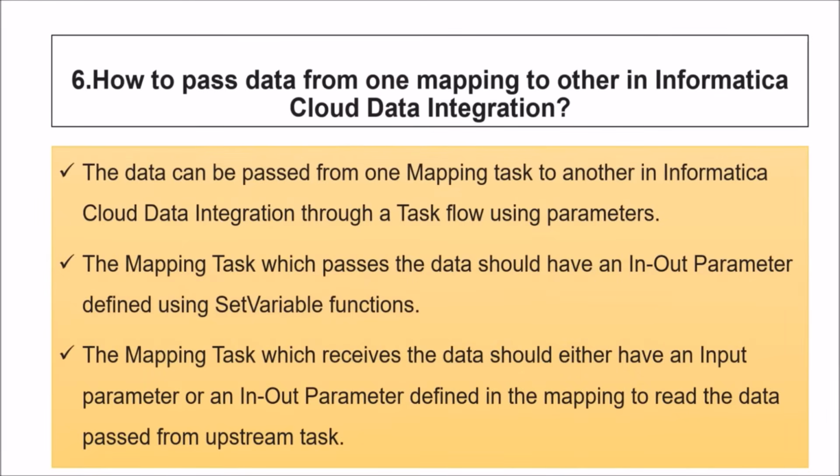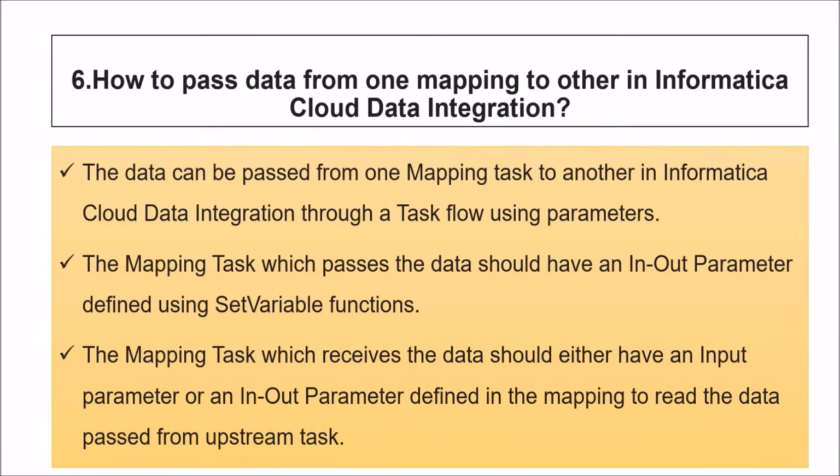And the sixth question is how to pass data from one mapping to another in Informatica Cloud Integration. The data can be passed from one mapping to another mapping in Informatica Cloud through a task flow using parameters. The first mapping task which passes the data should have an inout parameter defined using set variable functions.